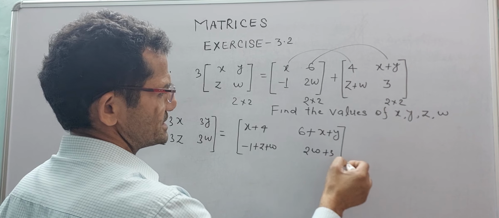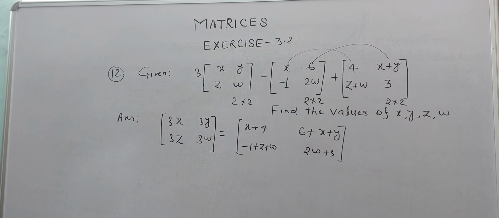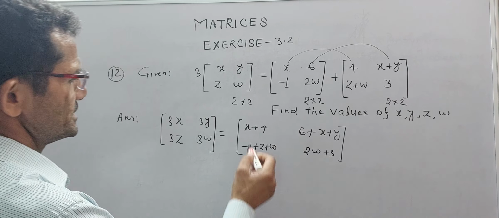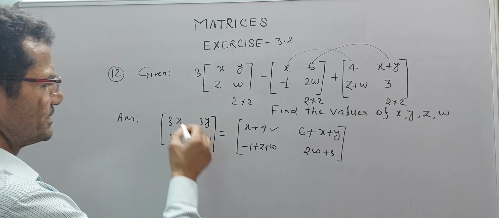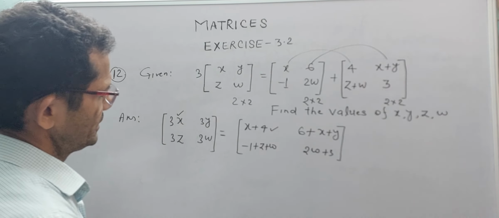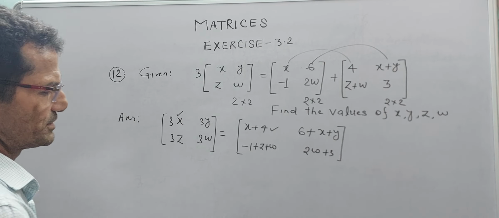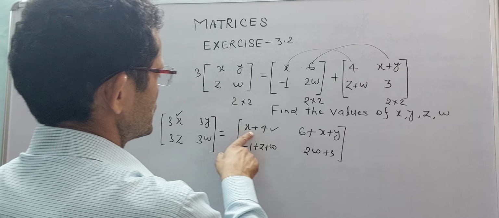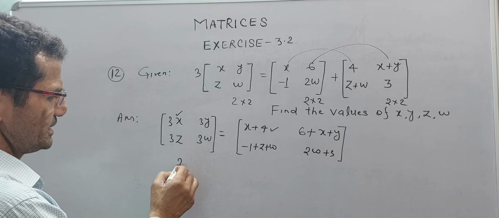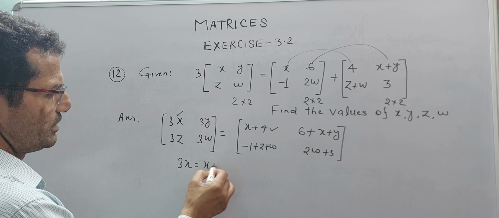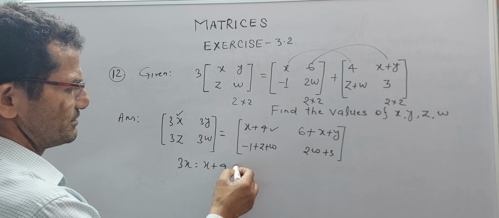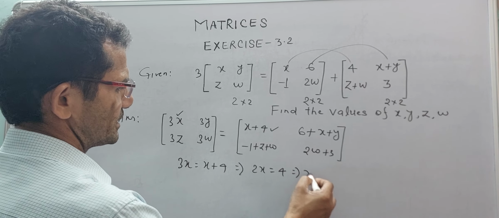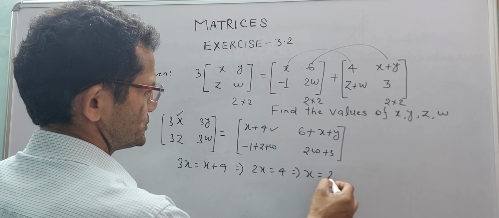First choose the entry which has only one single variable. Left hand side should be equal to the right hand side, therefore 3x is equal to x plus 4. Here 3x minus x is 2x, equal to 4, so x is 2.